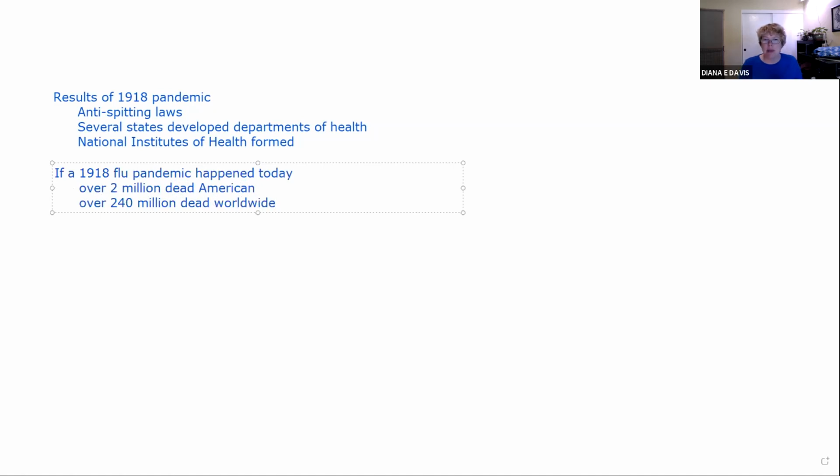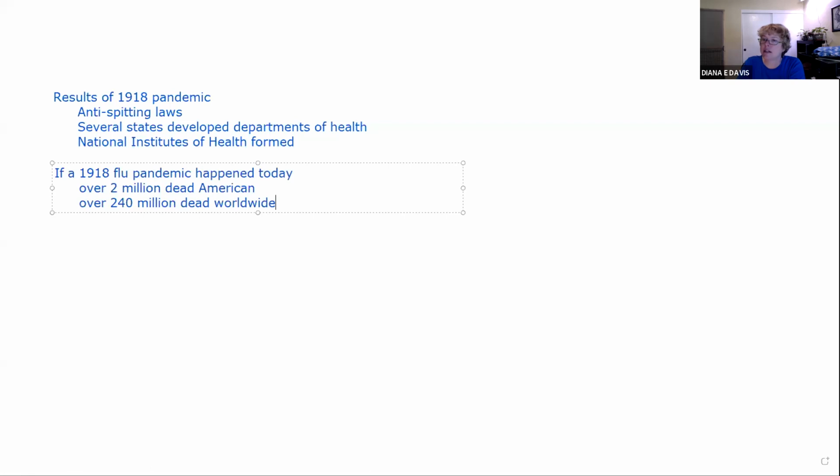And we've already got about 1 million dead Americans from COVID, but it's taken more time than the 1918 flu. Worldwide, we're not close to 240 million. Other countries are frankly doing better than us at reducing deaths.